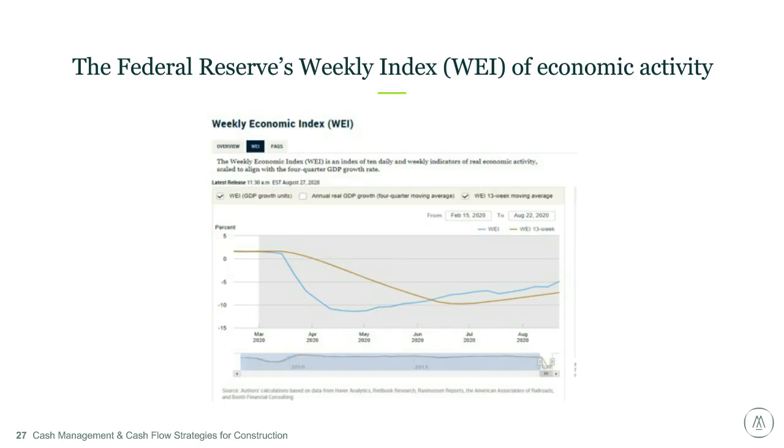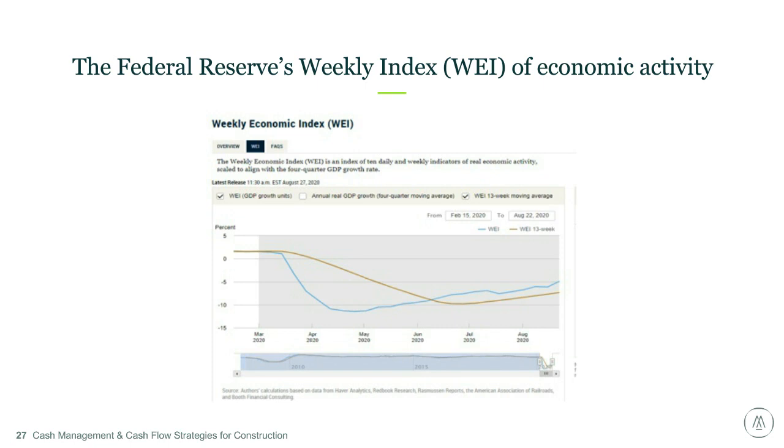In order to very closely track the economic recovery, the Federal Reserve earlier this year created what they call the Weekly Economic Index, or the WEI, which is an index of real economic activity using timely and in-the-moment data. They created it to give us a real-time look at high-frequency data to gauge how the economy is doing in real time, as the traditional measures we look at, like GDP and unemployment, tend to be lagging and backward-looking.